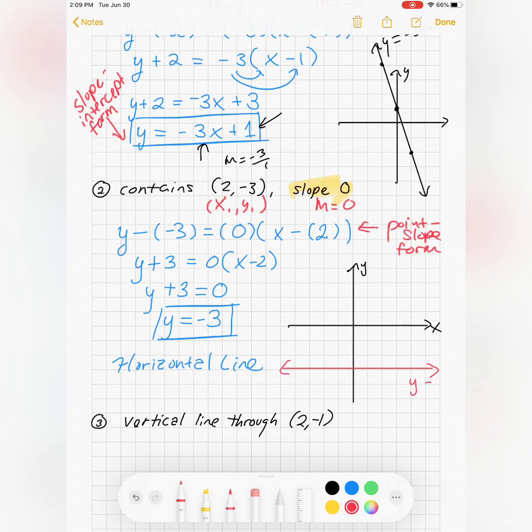So there's my horizontal line, y equals negative 3. You can see the slope is 0, it's flat, and it goes through the point, indeed, 2, negative 3.